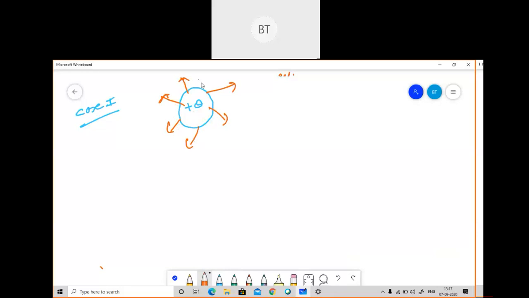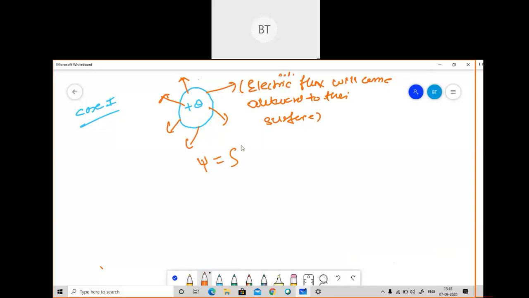So electric flux will come outward to this surface. If I need to calculate electric flux here, what I will write is: electric flux will be equal to the integration of D dot dS, is equal to Q enclosed.